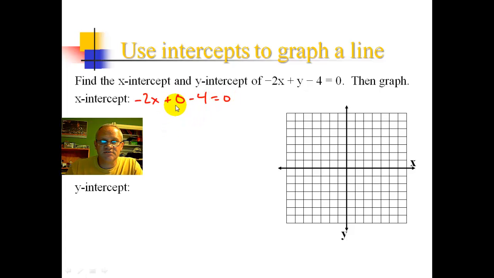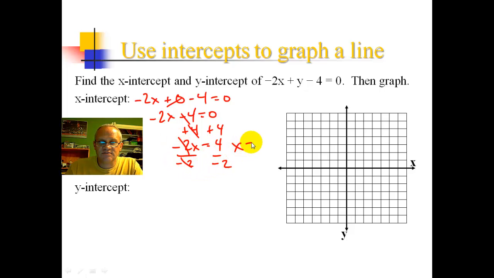So I have negative 2x minus 4 equals 0. Add 4. Negative 2x equals 4. Divide by negative 2. So x is negative 2. That is the x-intercept. The x-intercept is at negative 2 right here. That's negative 2, 0.